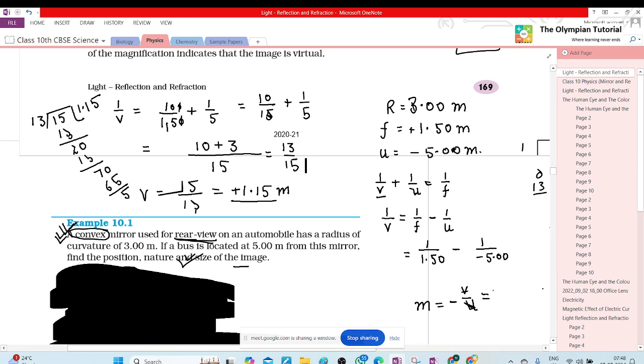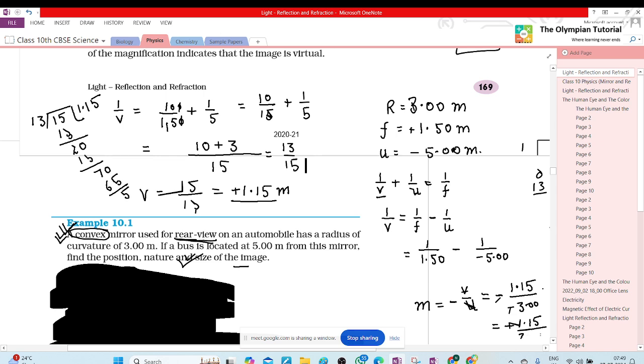Wait, wait. We will solve it. Look, here the value of V is 1.15, positive. U is given 3 meter, but it is negative. Minus minus will become positive. So it will show that the image is erect.